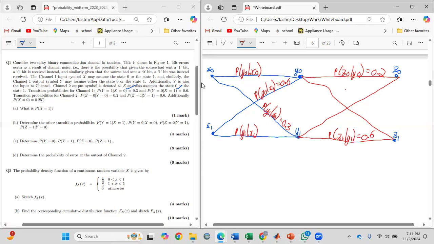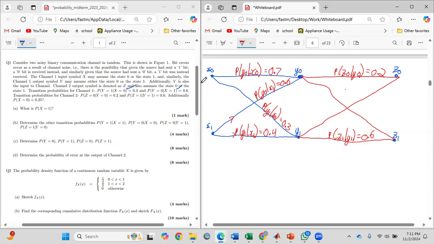So Y1 given X1 will just be 1 subtract 0.6, because the two coming out have to add up to 1. The sum of the probabilities has to add back up to 1. And it's the same thing for the other one. The probability of Y1 given X0 is 0.3, so the probability of Y0 given X0 will be 1 subtract 0.3, which is 0.7.